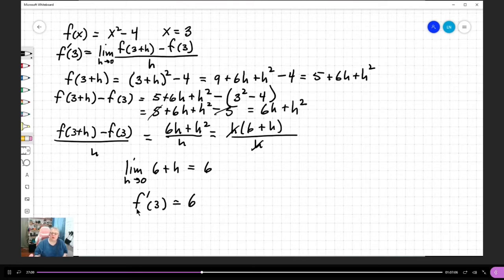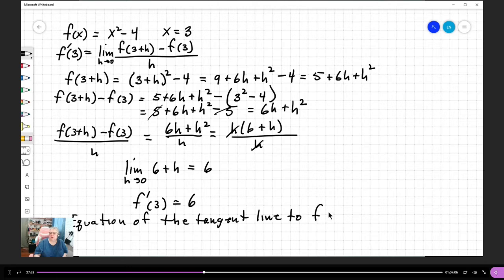If I want the equation of the tangent line to f of x equals x squared minus 4 at x equals 3.